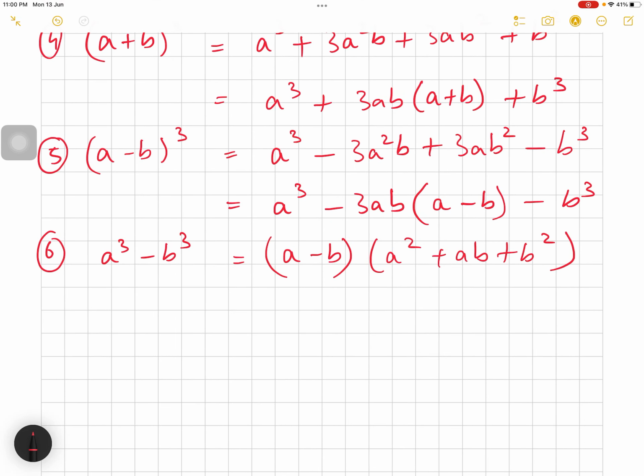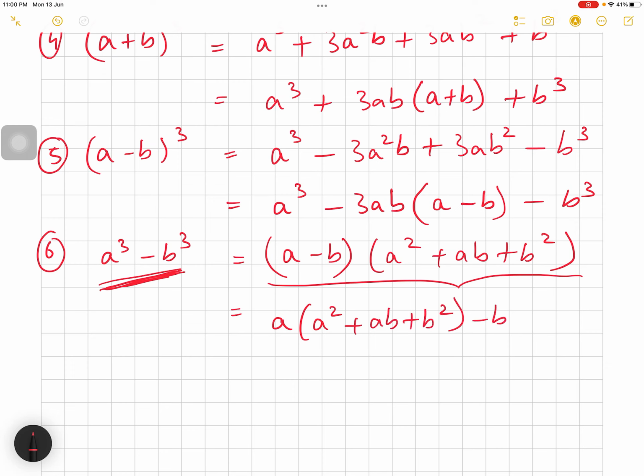Okay, let's see whether this formula is right or wrong, because I have my doubts. Now I'll take this side and I'll just keep on simplifying. Let us see if I get this at the end. So a into a square plus ab plus b square minus b into a square plus ab plus b square.